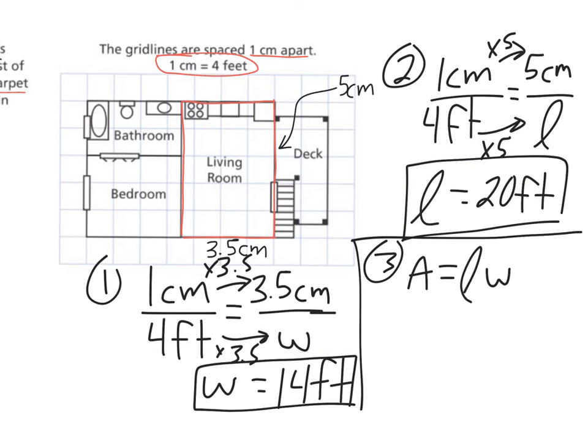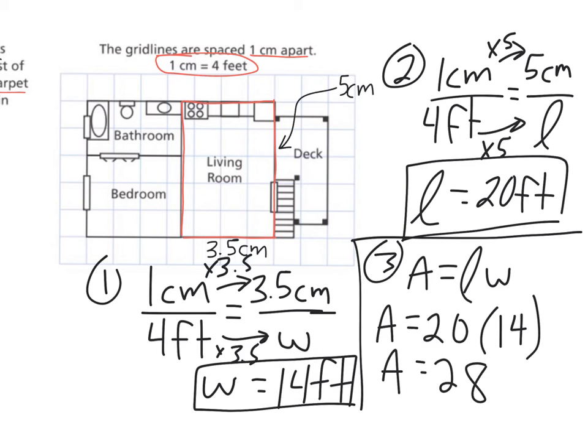Alright, so we're going to next need to find the area. They tell us how much it costs per square foot. Square feet always has to do with area, so area of a rectangle, length times width. So we'll do 20 times 14, which is 280 square feet.